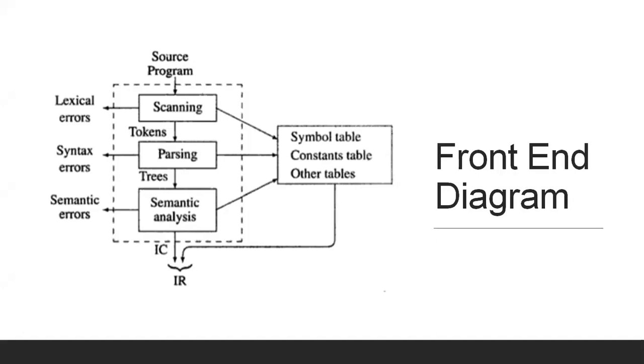Parsing phase will give a tree. Semantic analysis will modify trees and give IC. At the same time, the symbol table is generated. Symbol table, constant table, other tables, everything will be taken together to call it as IR. So the output of front end is IR.